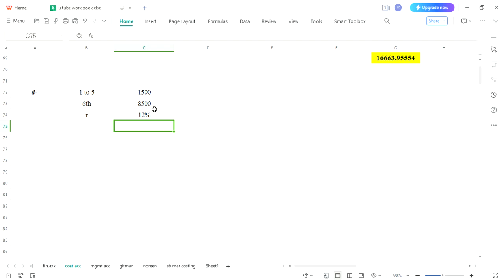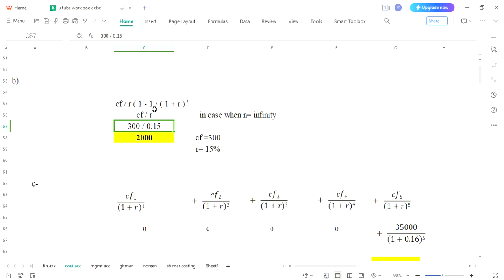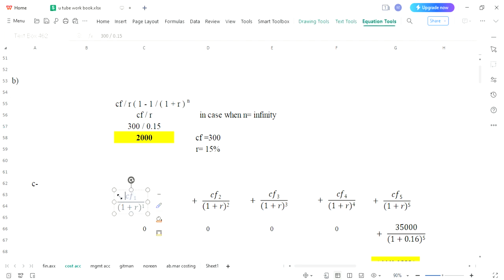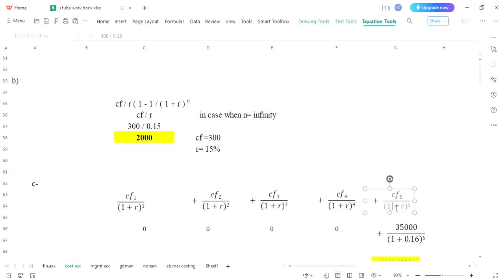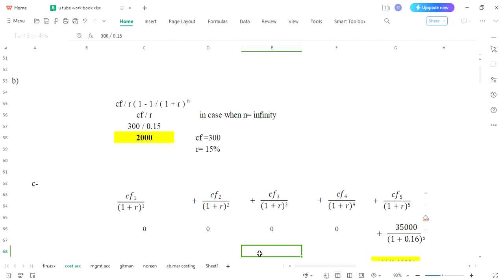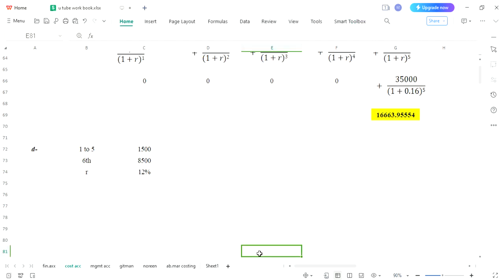First we will use individual formulas. For that, as we have already written these formulas, instead of writing them again and again, we will choose these individual formulas and paste them in the D part.